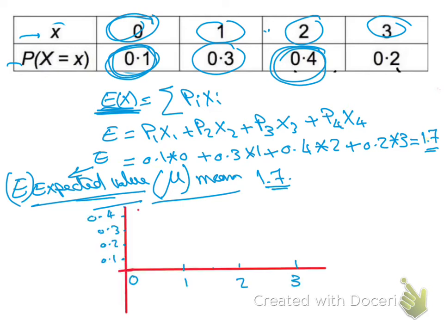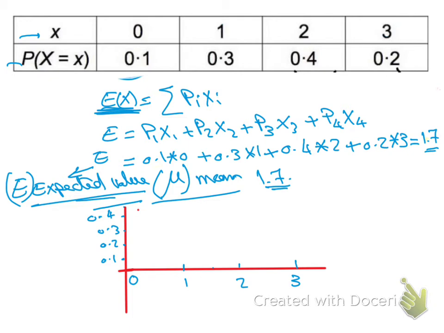So if I try to present these probabilities on a number line, I have 0, 1, 2, and 3. The variable x has readings 0, 1, 2, 3, and the probabilities 0.1, 0.3, 0.4, and 0.2.